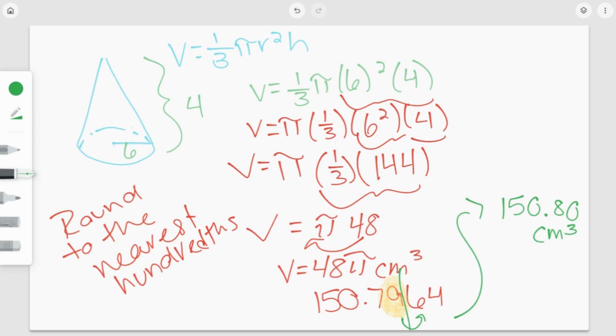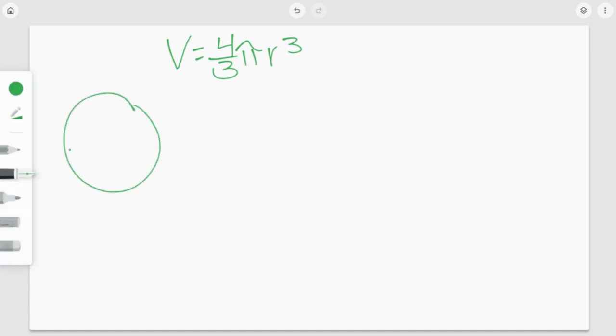Okay, last but not least, we're going to do volume of a sphere. Again, your formula is V equals 4/3 pi r cubed. Let's say we have a sphere, and this time I'll tell you that the diameter is 18.